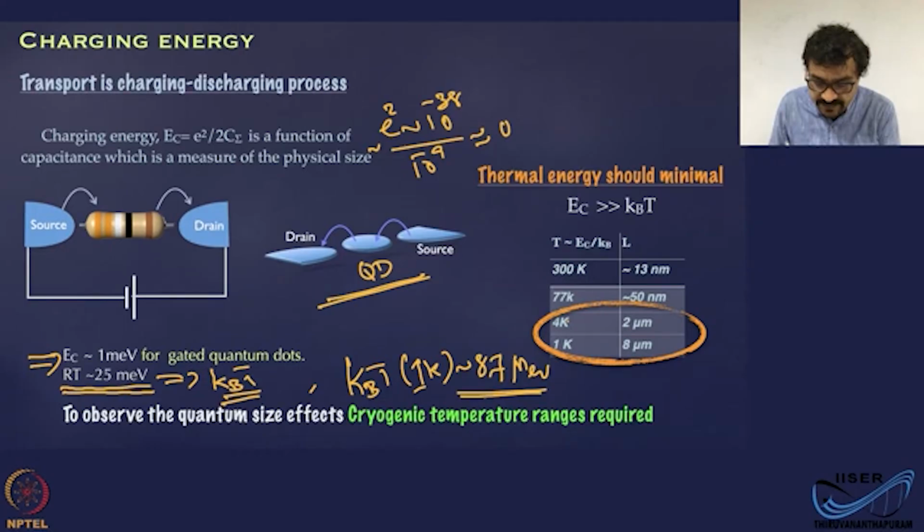It is an electrostatic effect, but the quantum effect that you are seeing here is because the charge e is actually quantized. Okay, we will discuss in detail in the coming slides, but this is just a preamble. So the take-home message is: if you want to observe quantum size effects, you need a low temperature environment.